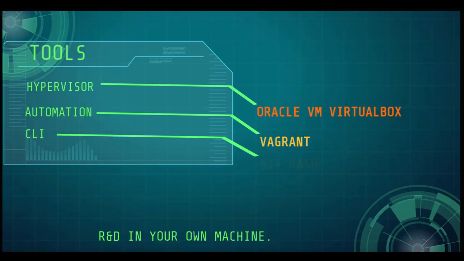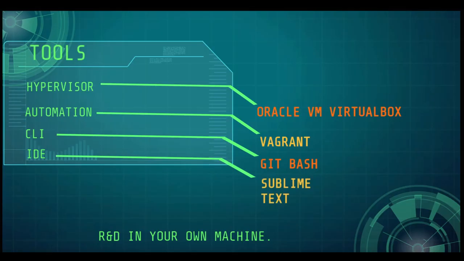So we'll be using a command line tool, Git Bash, which will be multi-purpose for executing commands and also for version control. We can also use an IDE, so you can use Sublime Text, or if you prefer Notepad++, Visual Studio, or anything else, you can use that too. You must have installed all these tools already from the prerequisites video.